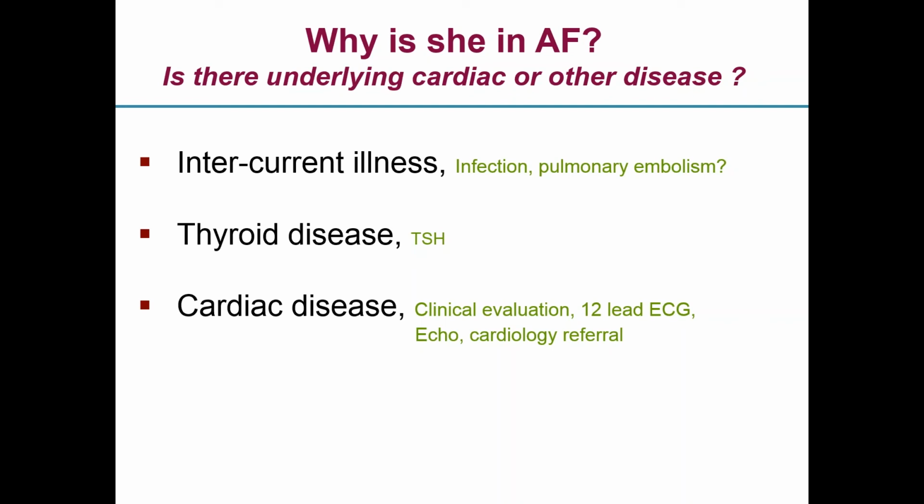Any disease which increases the atrial pressure or stretch, acutely or over time, will increase the risk of atrial fibrillation. The diseases that do that most are things like mitral valve disease or heart failure, but hypertension is another common thing which will do it, and acute myocardial infarction, coronary artery disease.